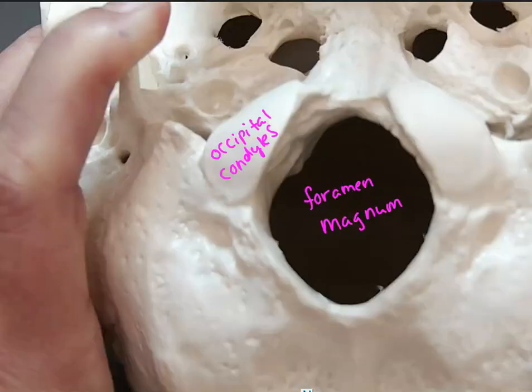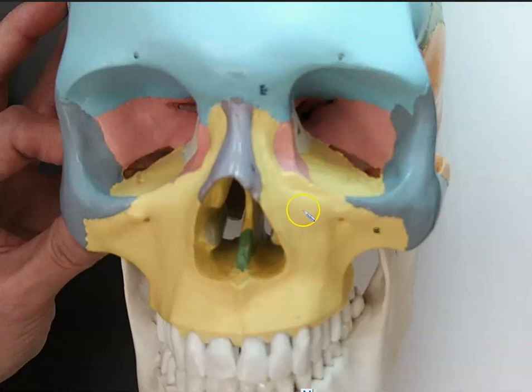All right, so let's look at our skull here. So I already said that a hole is a foramen. The foramen magnum is the only time you're going to see the word foramen listed first. Every other word that you have, foramen will be the second one. So first off, do you see this hole right there? There's a hole there and a hole there. And so this is your eye socket, your orbital.